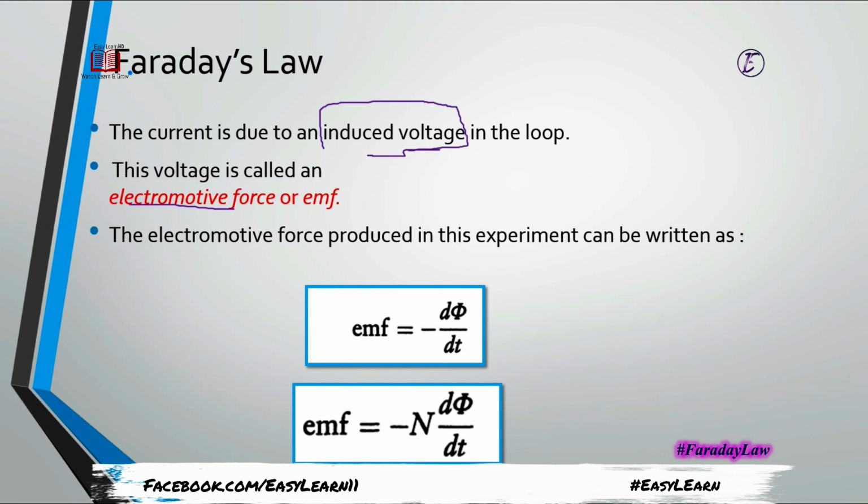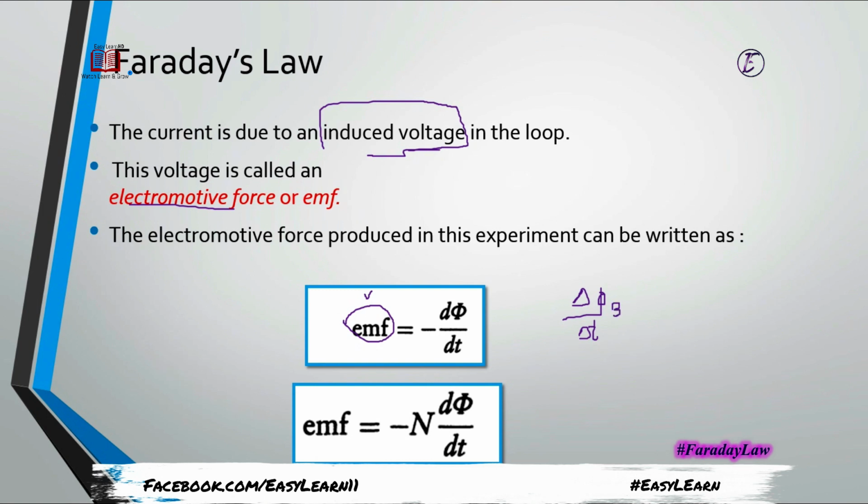It's not a volt, it is actually voltage. So the voltage that is produced is called induced EMF, or electromotive force. In the previous episode we discussed the equation with delta phi divided by delta t, and that is actually the same. Delta represents the change, as in the previous episode.